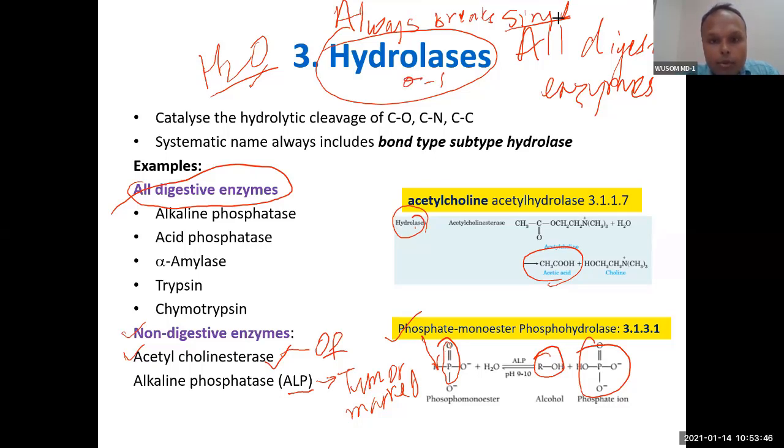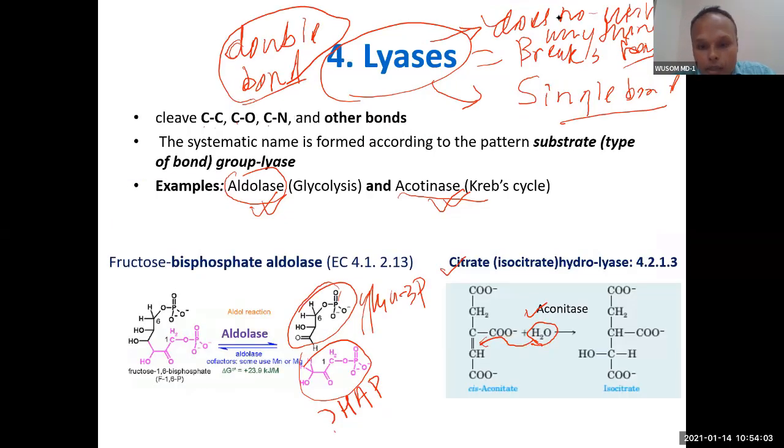You can call it a sigma bond between carbon-oxygen, carbon-nitrogen, utilizing water. You understood about hydrolase? It always breaks a single bond utilizing water. But if a double bond, this pi bond, is hydrolyzed by utilizing water, it is called lyase.